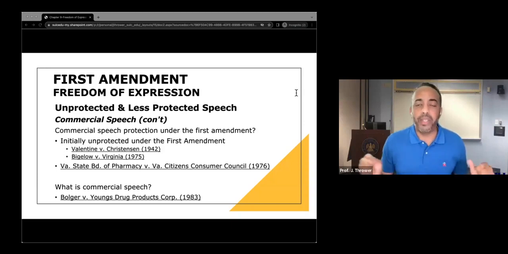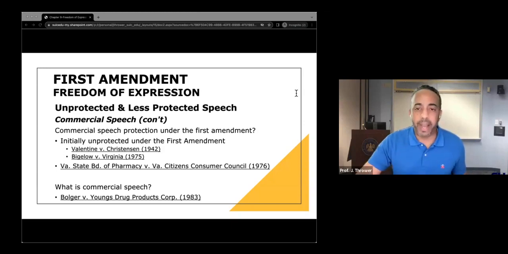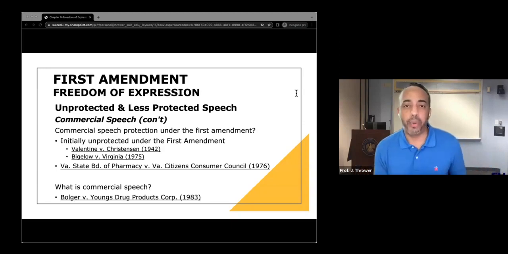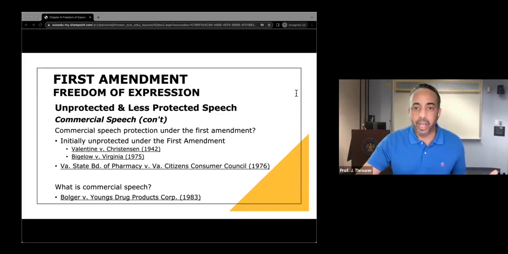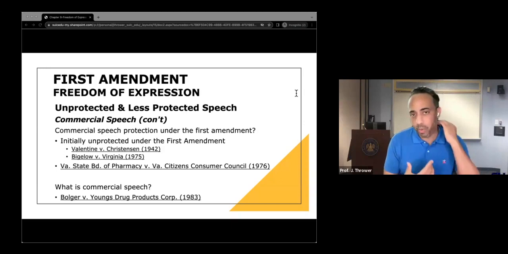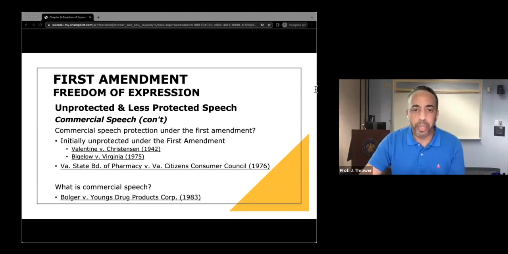And so this is the closest in Bolger that the court has ever come to defining commercial speech. Remember, they have never formally or officially defined commercial speech, but in Bolger, they considered these three characteristics in totality or together to really kind of serve as how one would go about defining commercial speech.